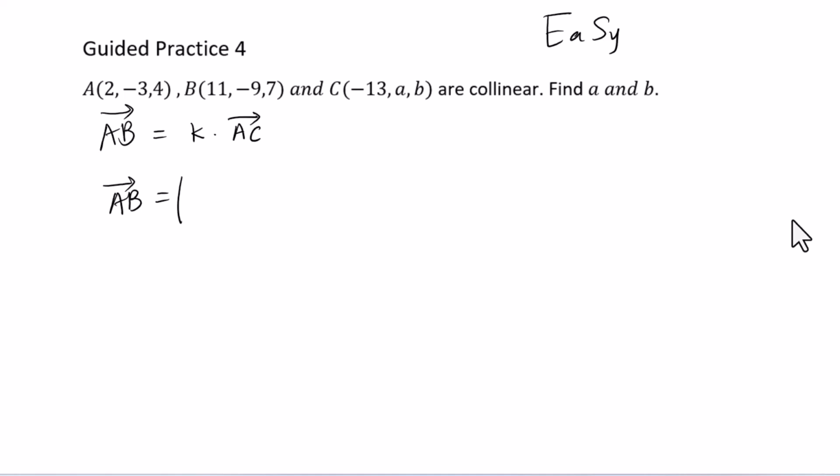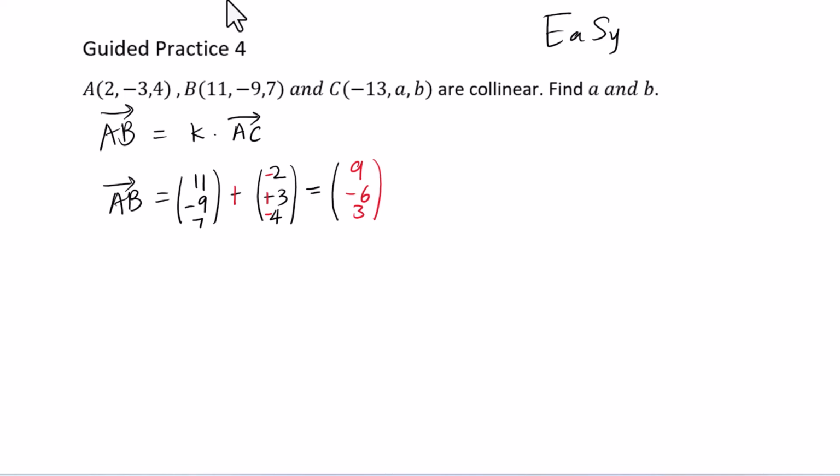Coordinates of B is 11, -9, 7, minus coordinates of A is 2, -3, 4, equals. Change sign. Plus, then opposite. We got 9, -6, 3.